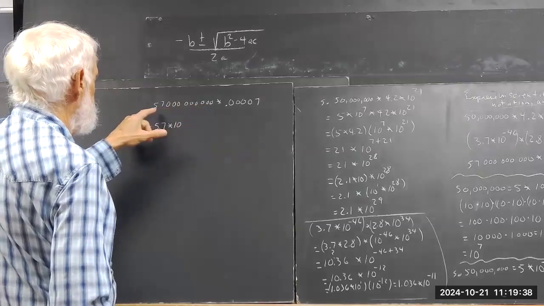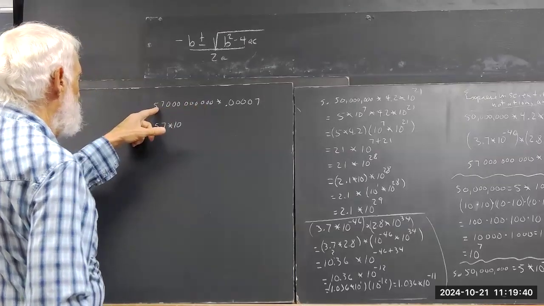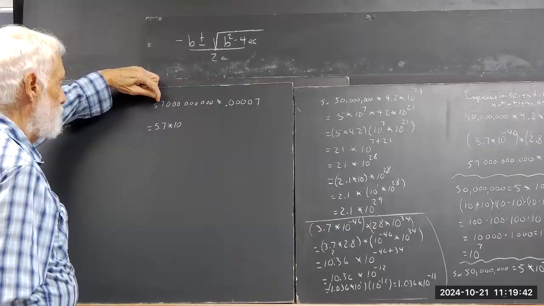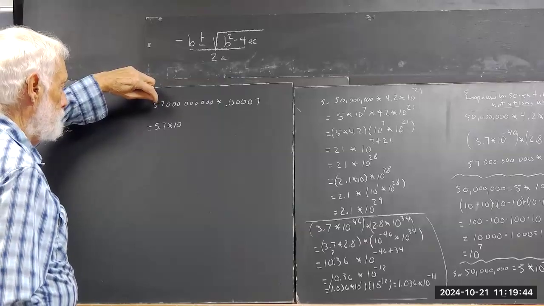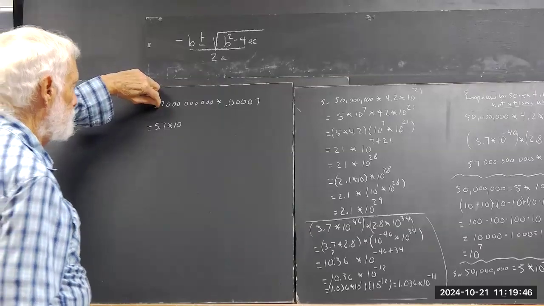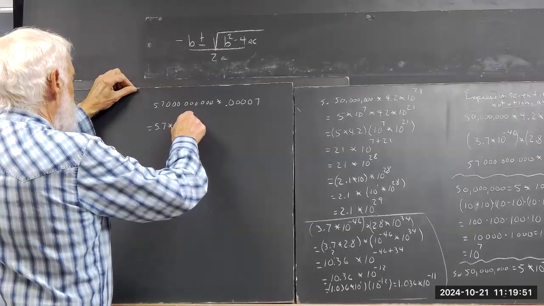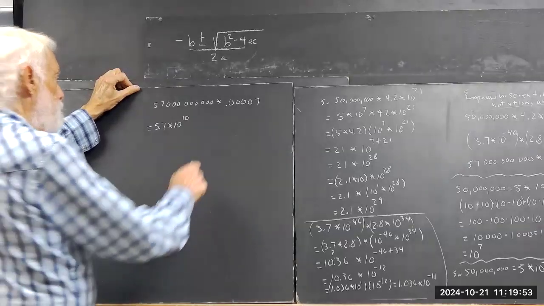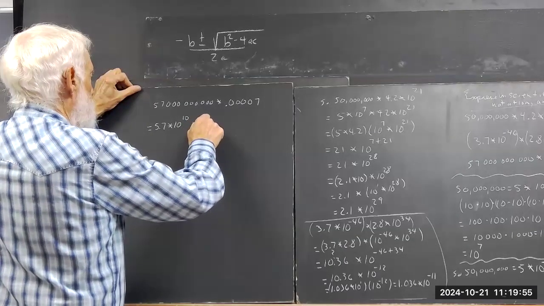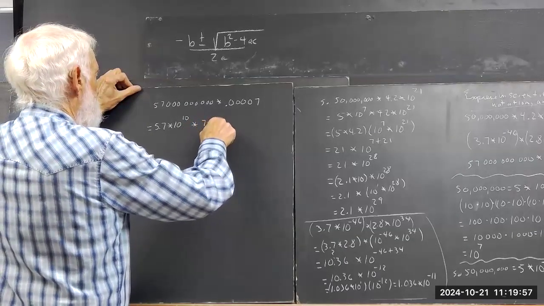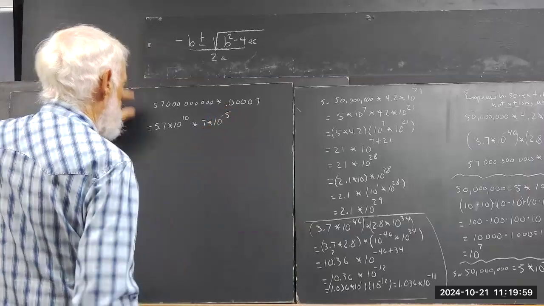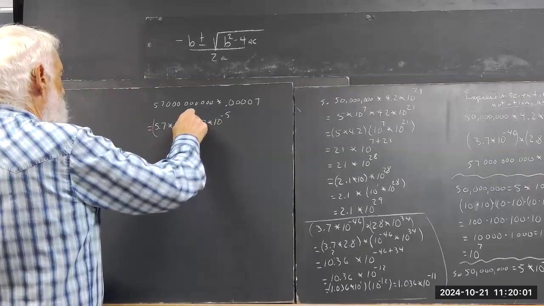So we count zeros, well, we can count digits all the way back to this place. We got 3, 6, 9, 10. So that's 5.7 times 10 to the 10th. Multiplied by 7 times 10 to the negative 5th.